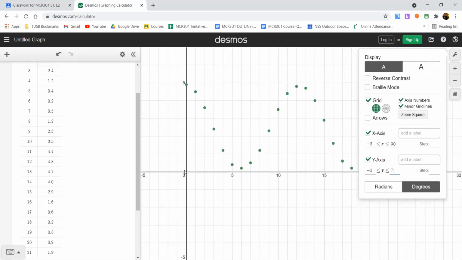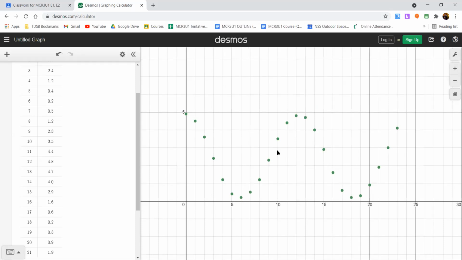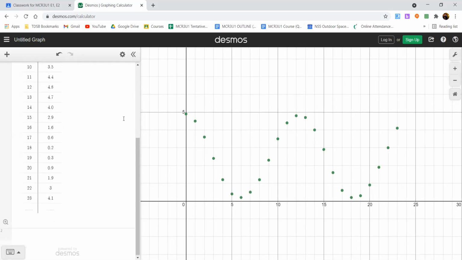It essentially fixes it so that my lowest point is -5 and my highest point is +7. In any case, I like this as is. Any questions so far? As a quick recap, there's a plus sign which lets you add data, and this wrench lets you change it to degrees.